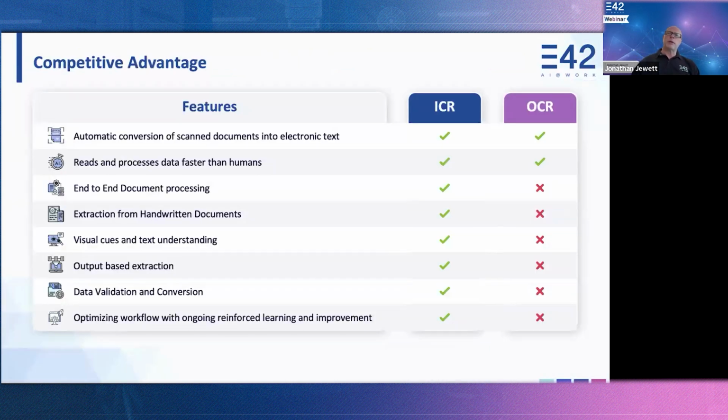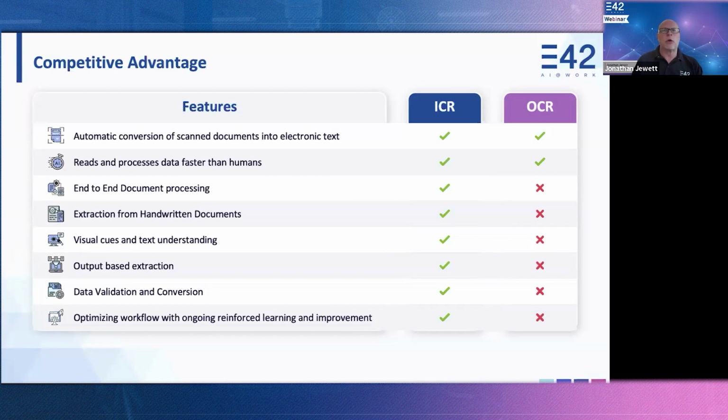And so if we look at these two systems kind of side by side here, we can check both boxes for the ability to take scanned documents, convert them into electronic text, being faster than people. It's automation, that's what it does. But then where ICR really starts to shine is on things like processing the entire document, being able to look at unstructured documents like emails, being able to understand handwriting, taking that data and converting it into a usable format that can be used elsewhere in the process.